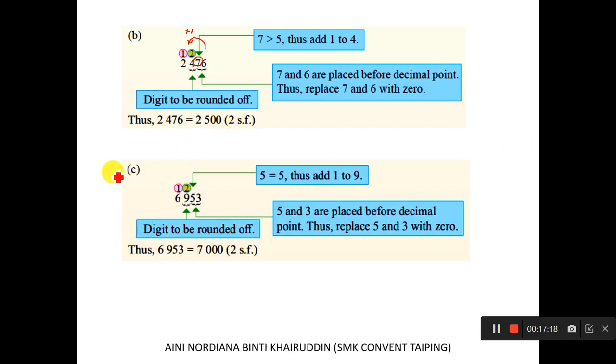So number 3, example C. This is the first and second significant figures. Look at the digit after the 2 significant figures, which is 5. 5 is equal to 5. So you have to add 1 to the previous number. So the answer will be 7,000. So this is 2 significant figures.